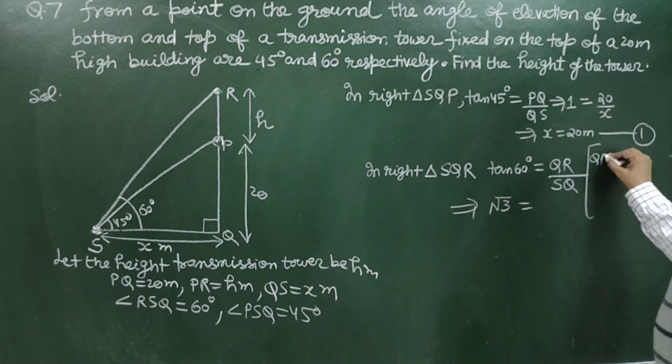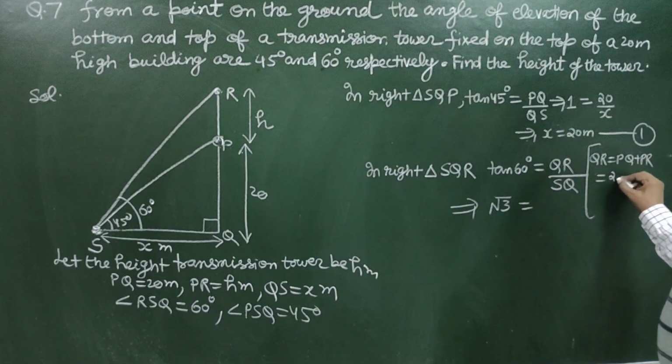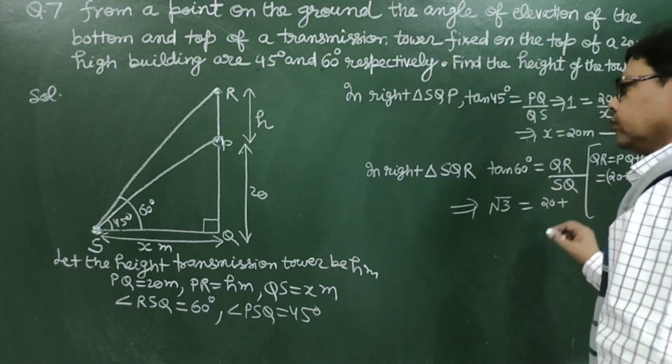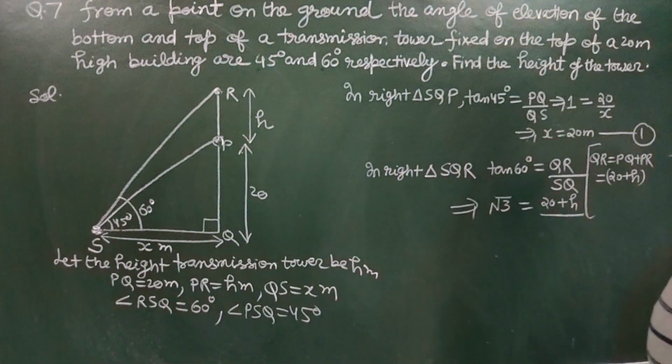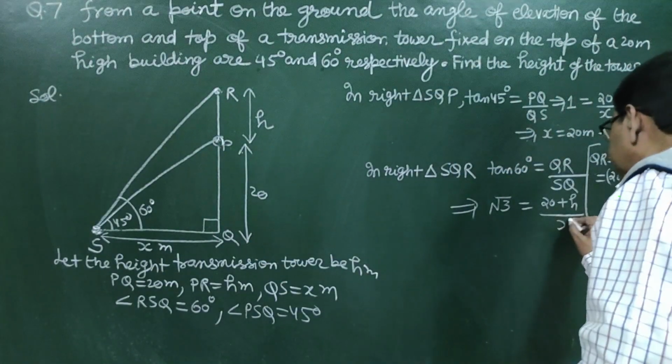QR is equal to PQ plus PR, that is 20 plus H. So QR is 20 plus H upon SQ. SQ is equal to X.